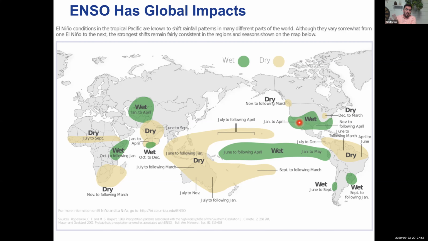So that nasty weather comes right onto our shores. Meanwhile, across the ocean, things really dry out in places like Australia and Indonesia and Southeast Asia, potentially leading to droughts, which we know here in California can then potentially lead to things like wildfires and the like.